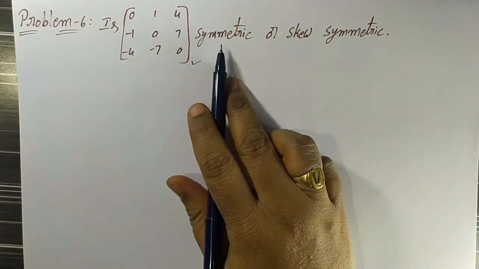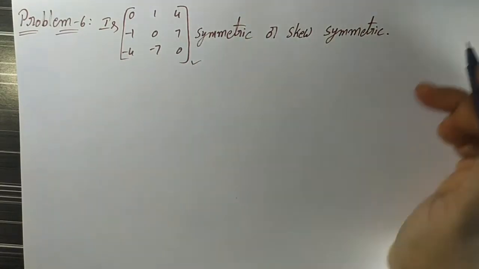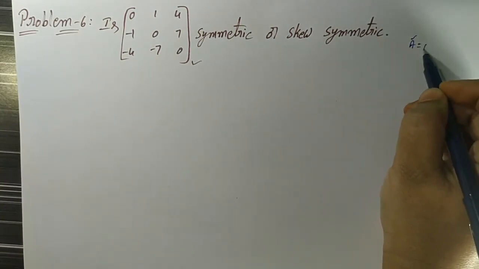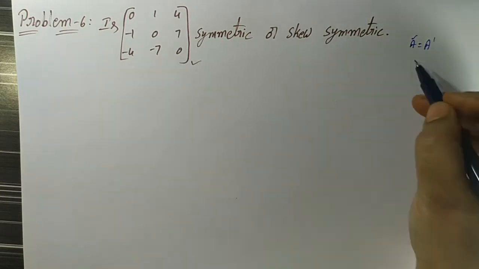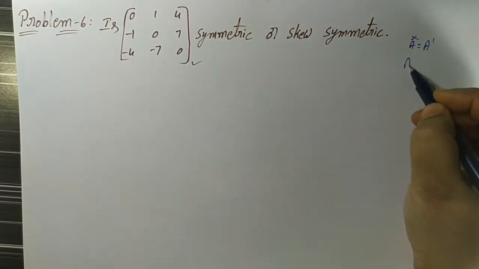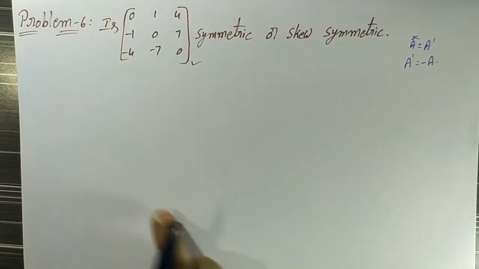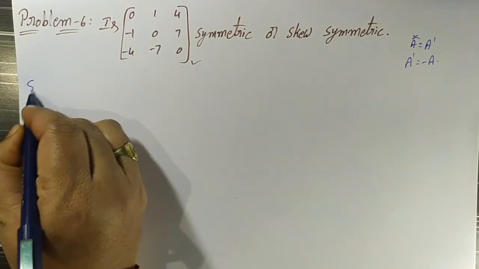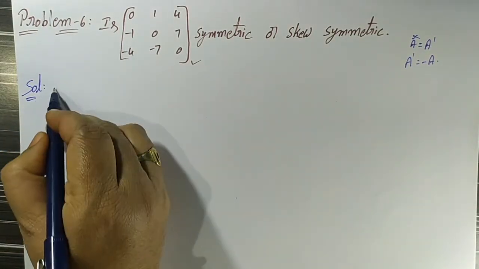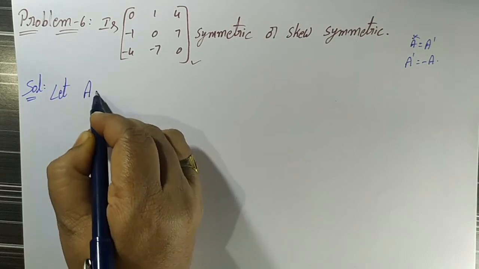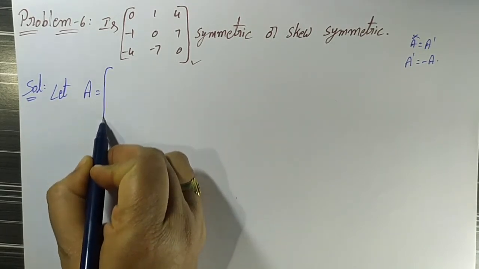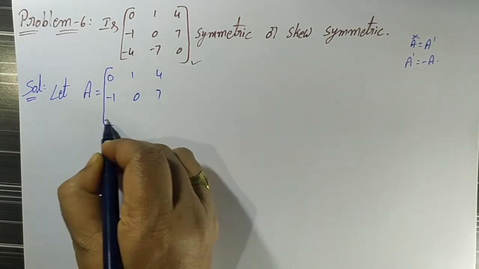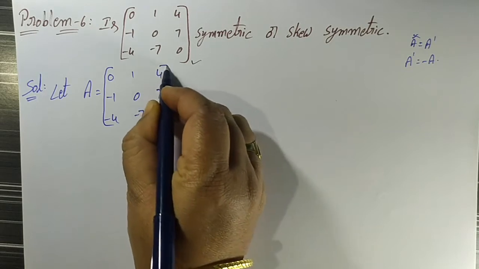If A is a matrix, then A is said to be symmetric if A equals A dash. If A is skew symmetric, A dash equals minus A. First, let the given matrix be named A equals [0, 1, 4; -1, 0, 7; -4, -7, 0].